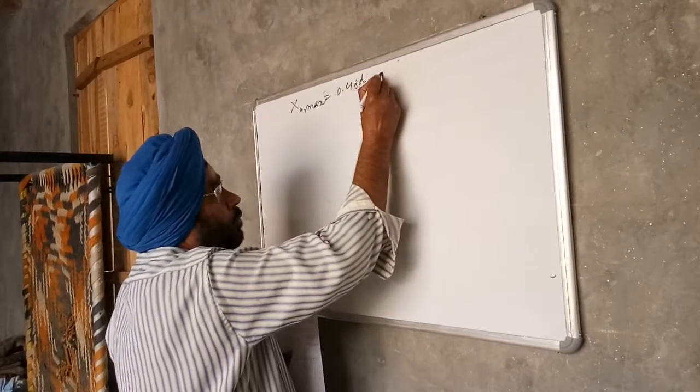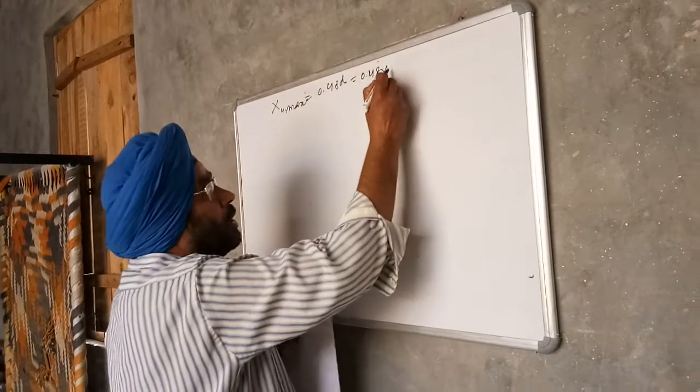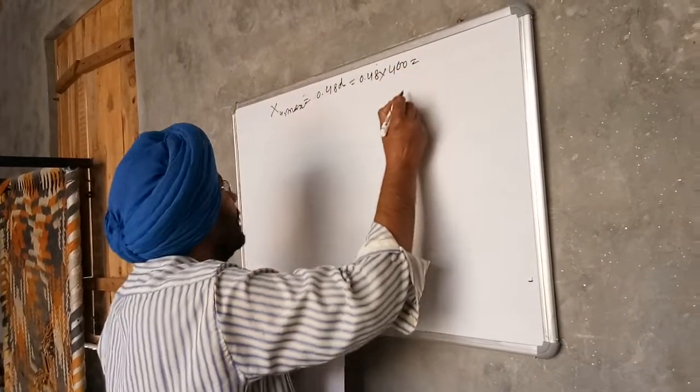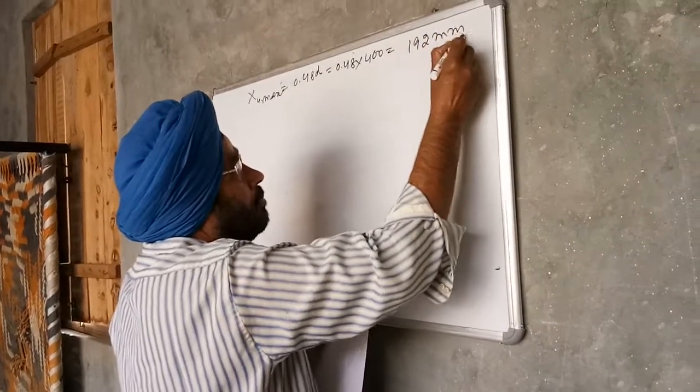So 0.48, the value of d we have used 400. So maximum depth of the neutral axis is 192 millimeter.